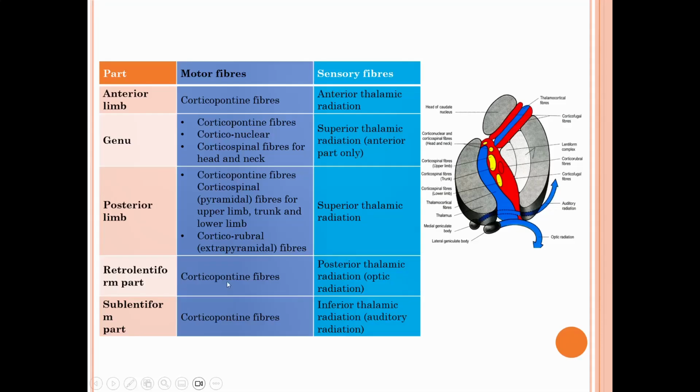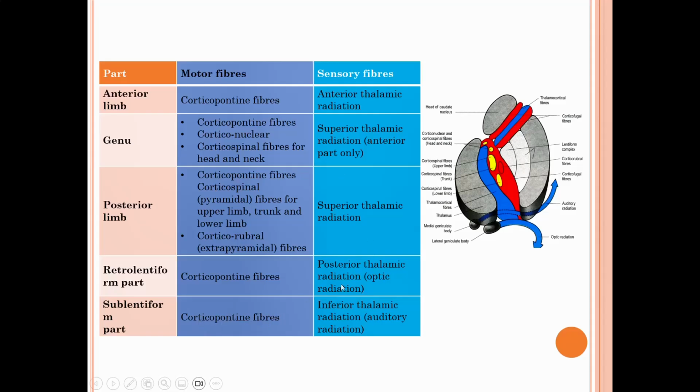Then the retrolentiform part, corticopontine, sublentiform part. So here we can say this is frontopontine, and these are the parietopontine, and these are the temporopontine.